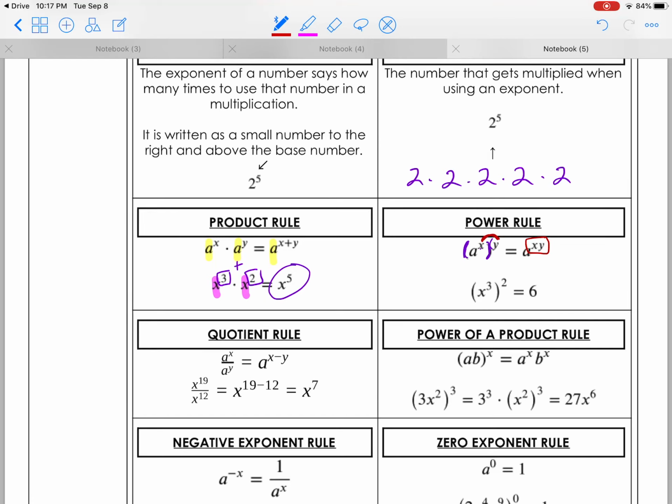My base here still stays the same. So if I have x to the third all squared, my base stays the same as x. And then since I have a power raised to another power, I'm going to multiply them. 3 times 2 gives me x to the 6th.